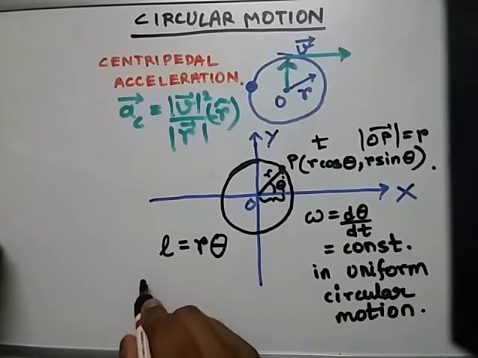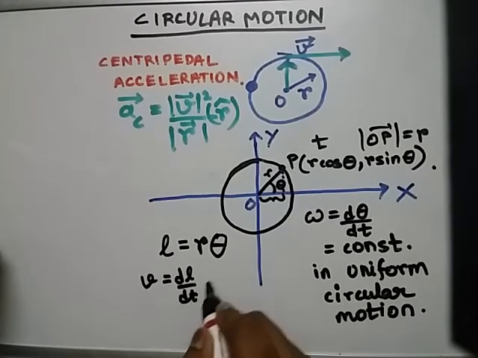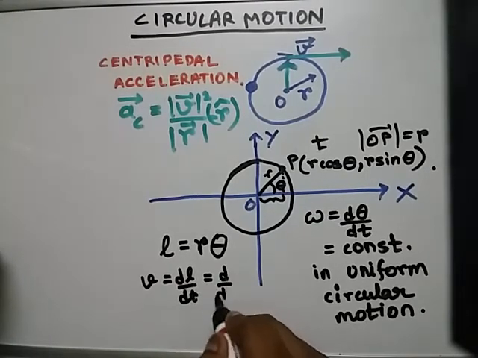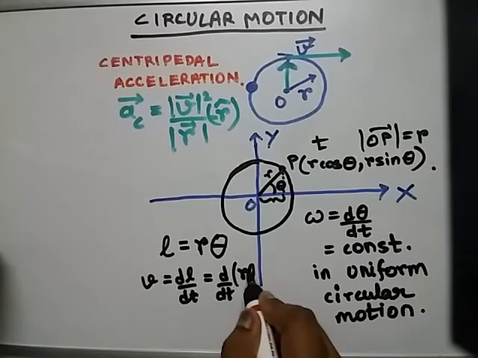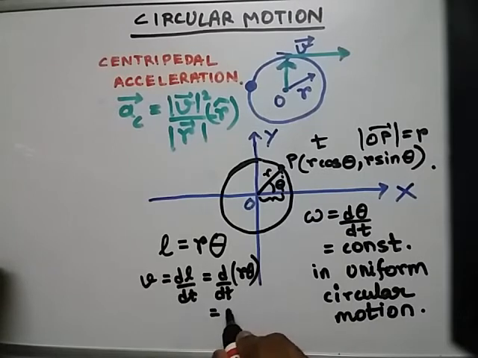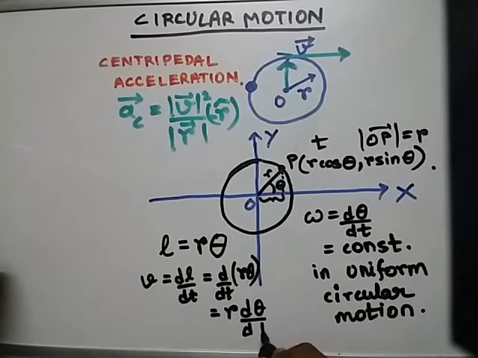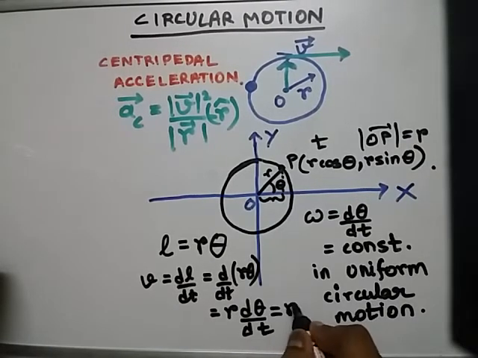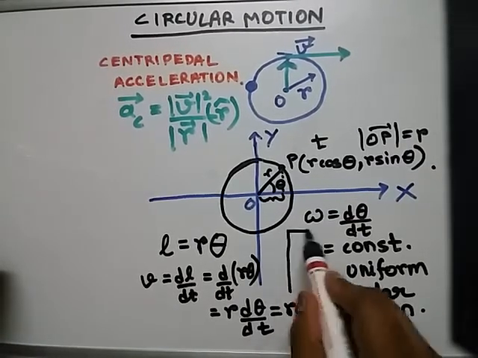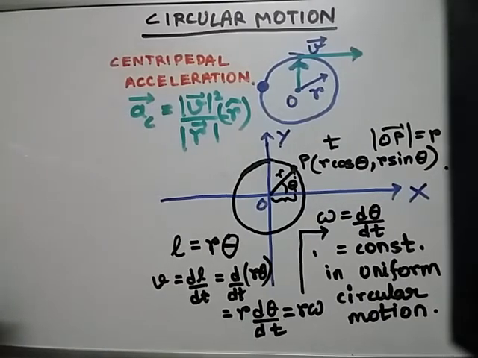Now what is v? v is essentially dL by dt, which is d by dt of r theta. Now this is a uniform circular motion, so r is constant, so we can take r out. So this is r d theta by dt, which we call r omega, as omega is defined to be this.